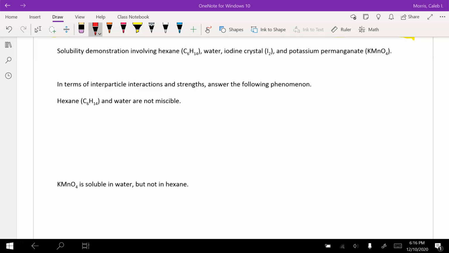Well, hexane has LDF. It has London dispersion forces between molecules. That's the intermolecular force that you see in hexane.